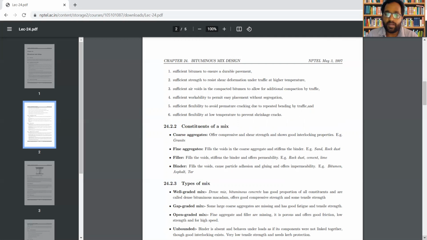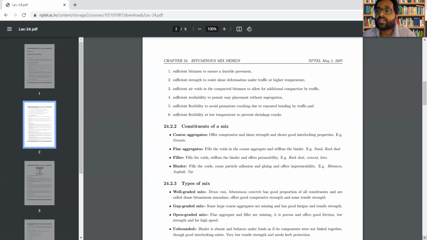The binder will fill the voids. It will cause the particles to adhere to each other, getting glued together, and it will act as an impermeable coat. We have already discussed how important impermeability is in a pavement surface. Water should not be allowed to infiltrate through the pavement surface into the lower layers.